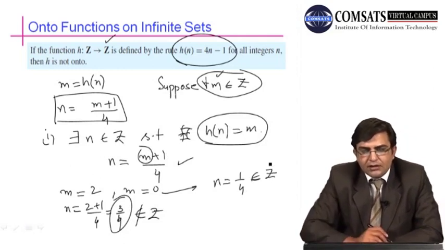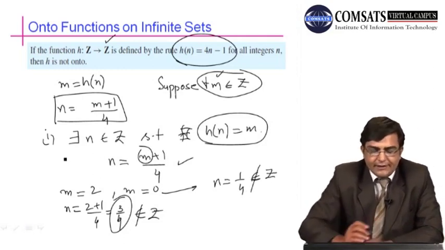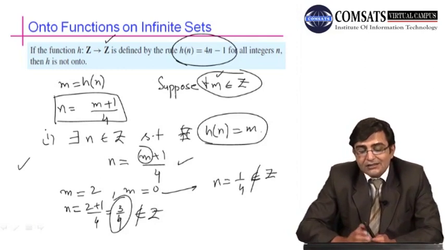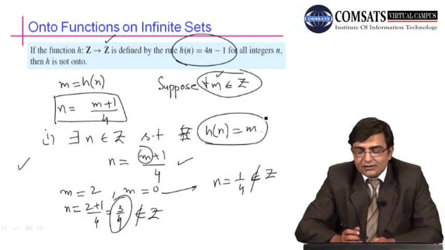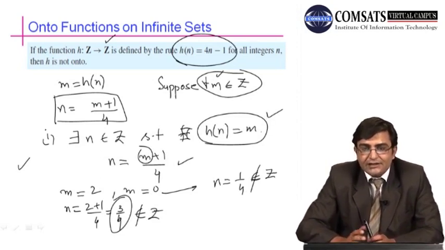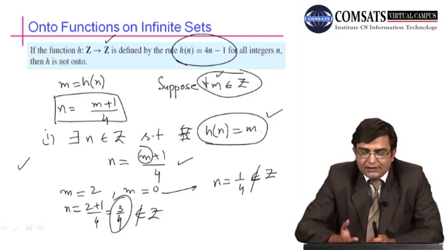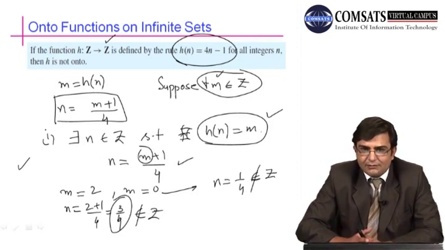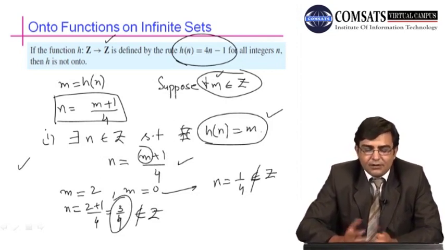No. So the first condition is violated here, that there exists some n belongs to z such that h of n is equal to m, because there may not exist, there may exist, but we are trying to find the counterexample.